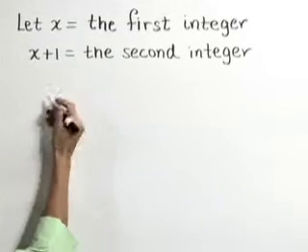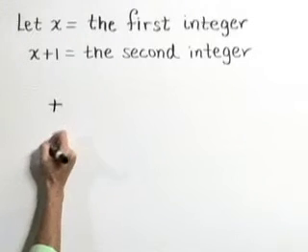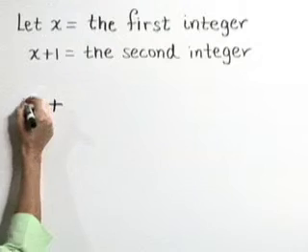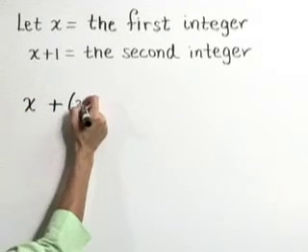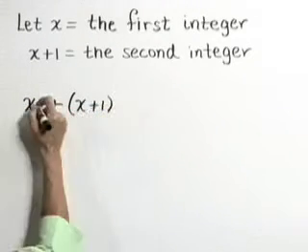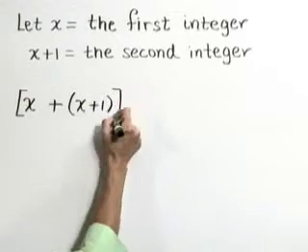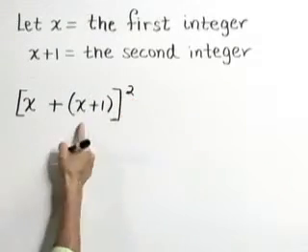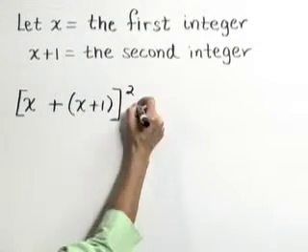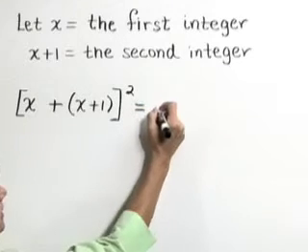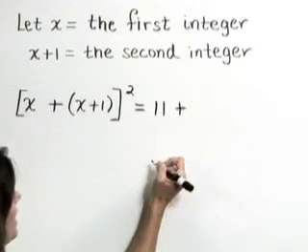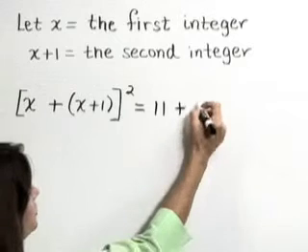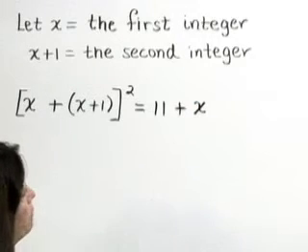So the square of the sum of these integers, let's sum them, x plus 1, and then square it, giving the square of the sum, is equal to 11 more than the smaller integer, which is identified as x.